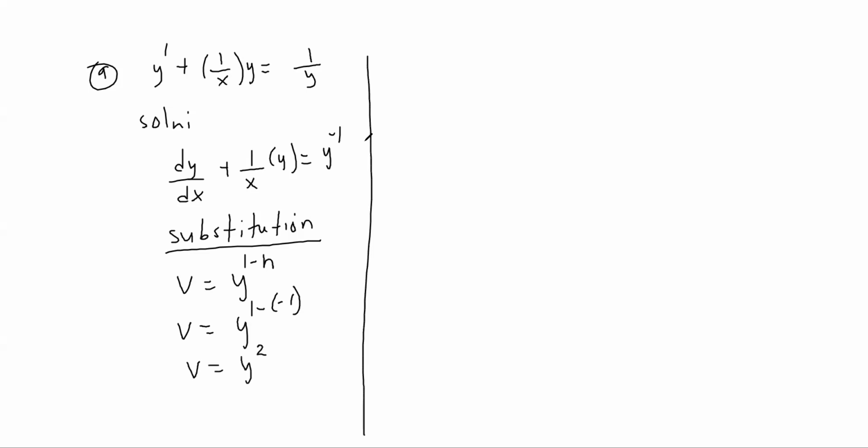So if we have v equal to y squared, we know that y squared is the same as v. So if I raise both sides to the 1/2, I notice that this can cancel out. y will be equal to v raised to the 1/2. So we have to keep this here to not forget.